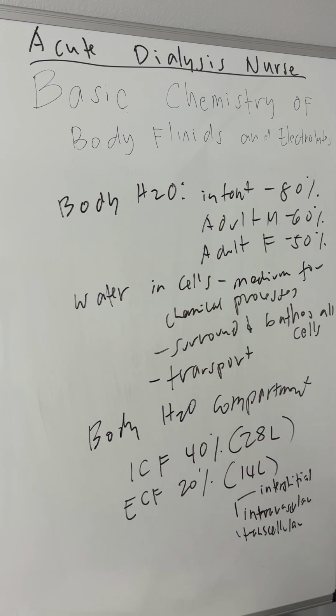Interstitial is outside your blood. It's in the tissues. And then intravascular is inside your blood. Transcellular, these are in between your spaces, like your synovial fluid, pericardial fluid, and in your eyes, intraocular, and in between your lungs, the lung spaces, pleural.